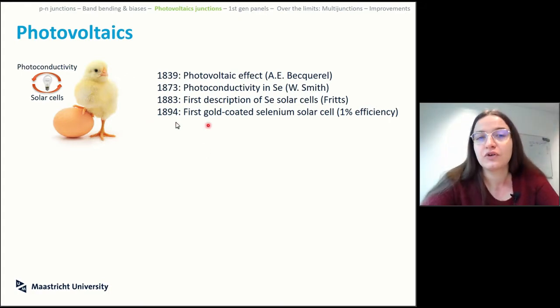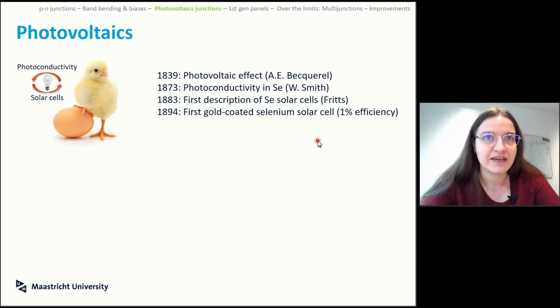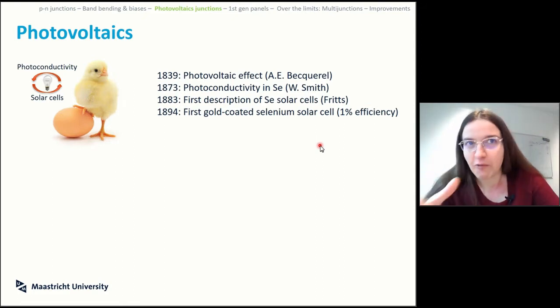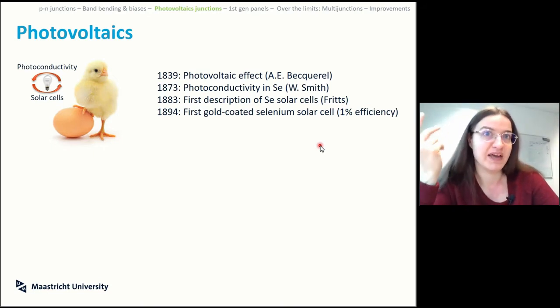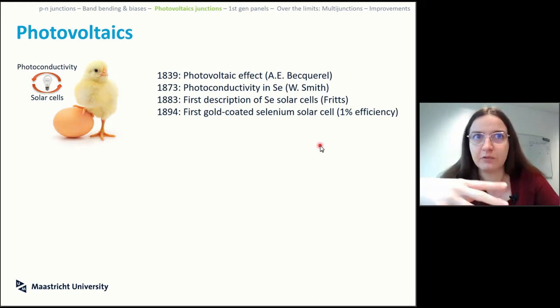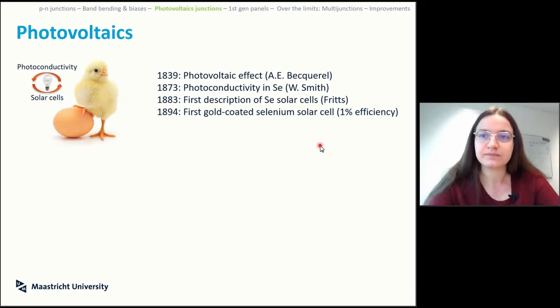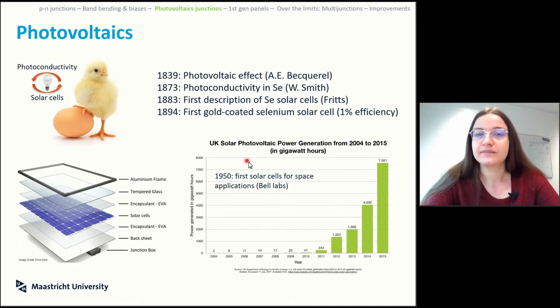So the first gold-coated selenium solar cell was in almost 1900, at a very, very low efficiency in comparison to what we are used to at the moment. But it's not a super new technology. We had this idea a while ago. It came about very quickly as this whole electricity business was systematized in science.